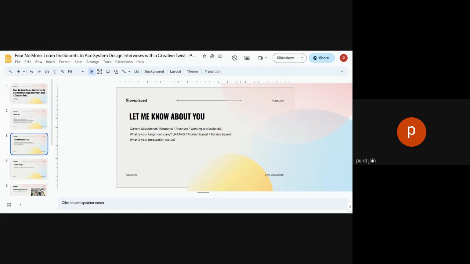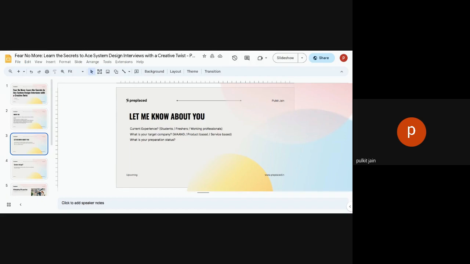And on system design, I can help you with a few resources, some books and some notes maybe, and you can read about it and then we can discuss during the mentorship sessions how to answer a particular problem. It's not just about writing good code, it's more about communication as well.